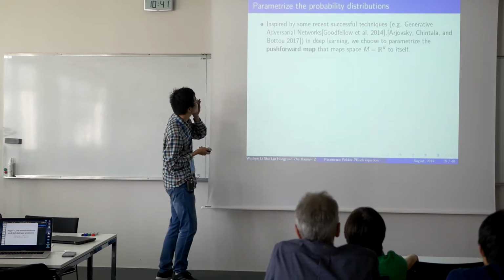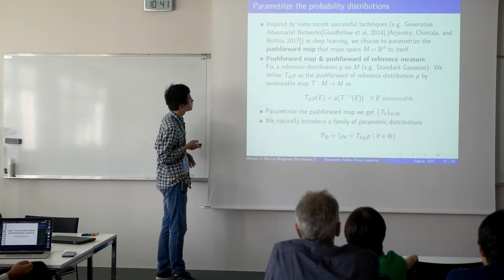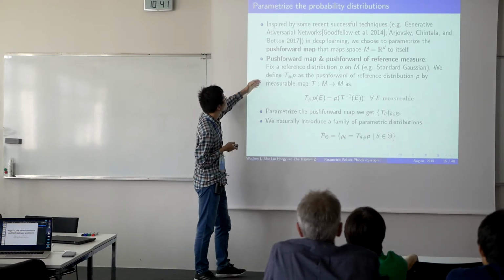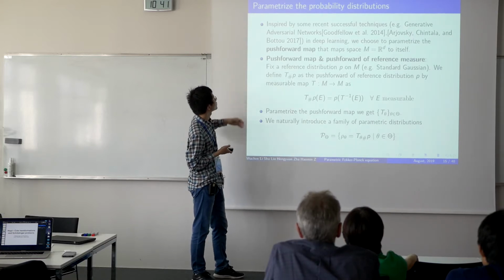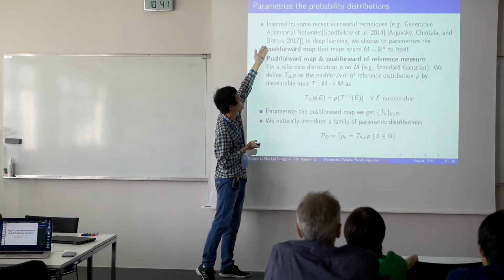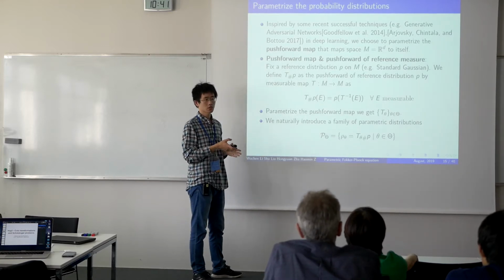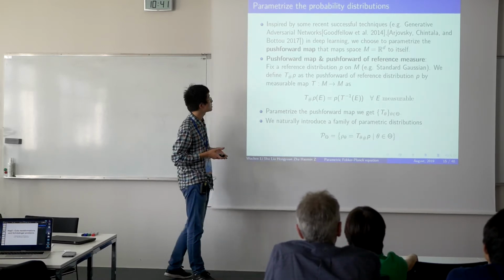Okay, let's do it one by one. So first, how to introduce a parametric family. We are actually inspired by some research in deep learning, especially generative adversarial networks. They use parametric push-forward maps to approximate very complicated distributions in very high-dimensional space.